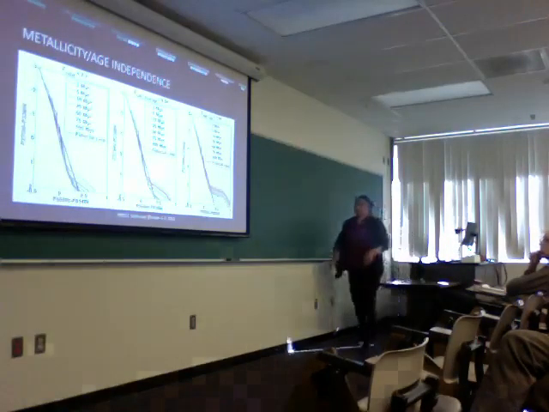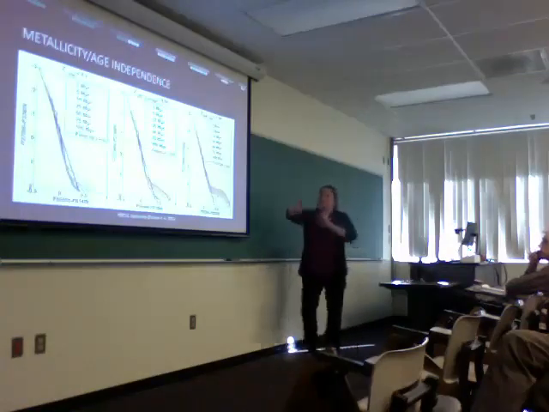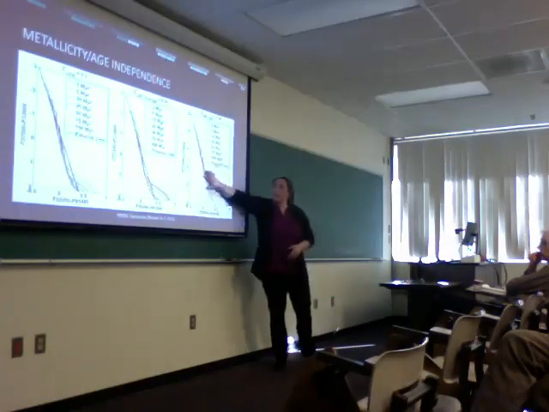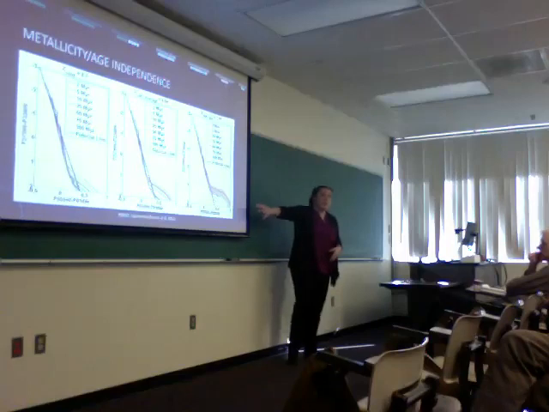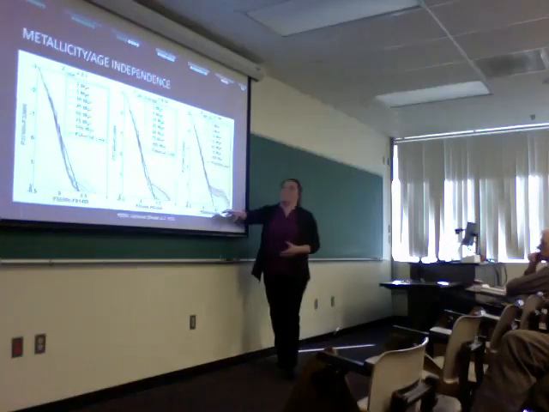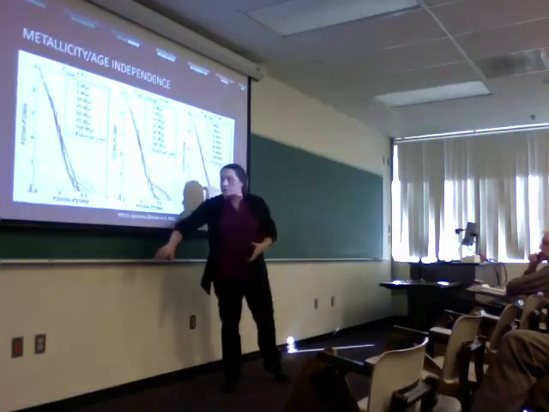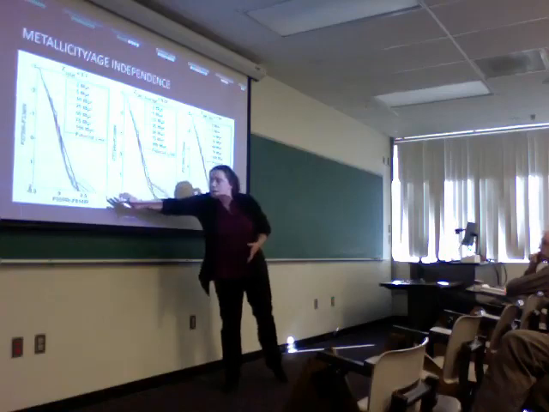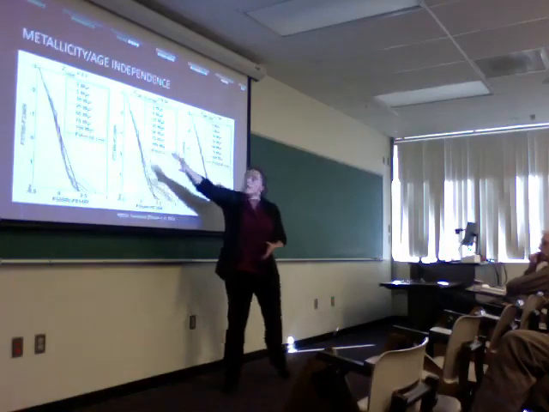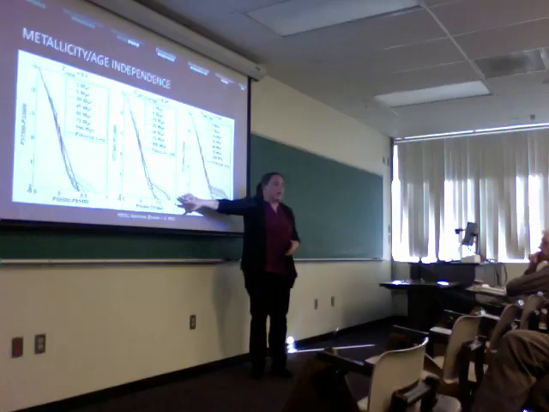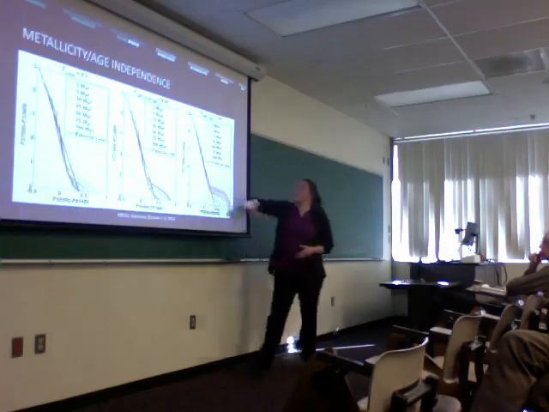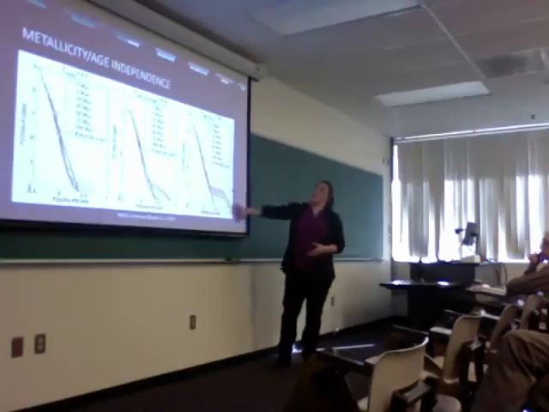So just to prove that it does not depend, we know based on these diagrams that all of the isochrones lie in the same location for age, but what about metallicity? Turns out that doesn't matter either. On the left here is solar metallicity. In the middle is a Large Magellanic Cloud metallicity. And on the right is an SMC metallicity.